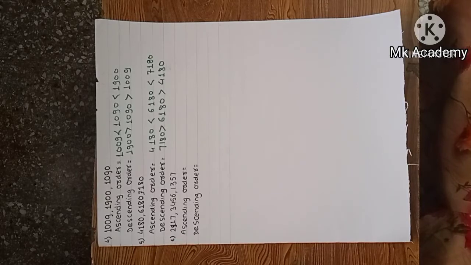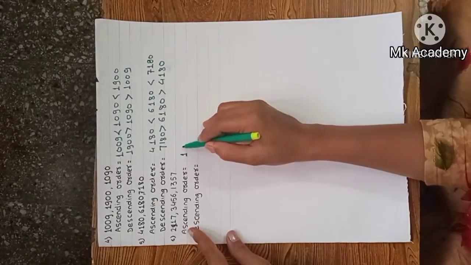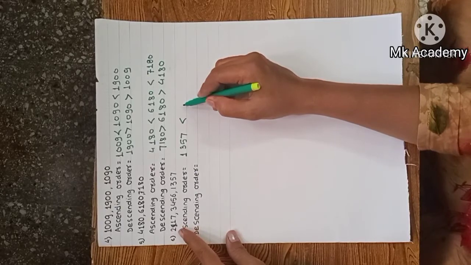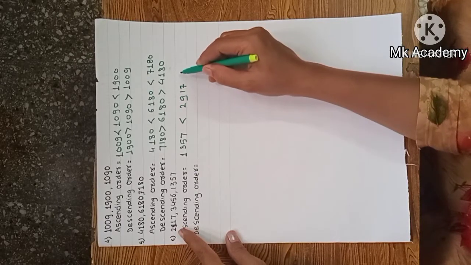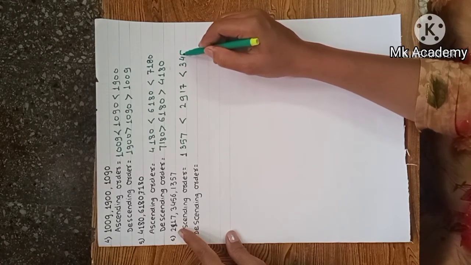Now the next example. 2,970, 3,456, 1,357. Ascending order, then descending order. In ascending order, we write down the smallest number first, 1,357, then 2,970, then 3,456.